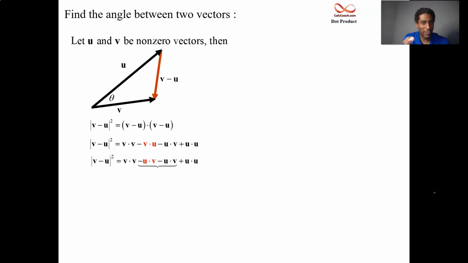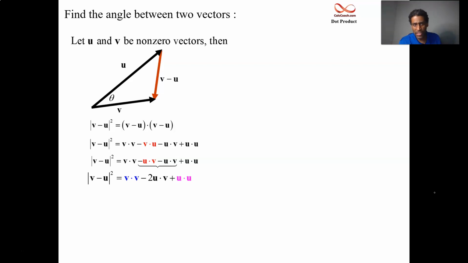That way I can combine the two middle terms, like the O and I from FOIL. Here we are. If we have minus u dot v and minus u dot v, what we get is minus 2 u dot v. When it comes to these other guys, the vector v is dotted with itself, and the vector u is dotted with itself. And so those are the magnitudes of those guys squared. So let's put them next to each other.